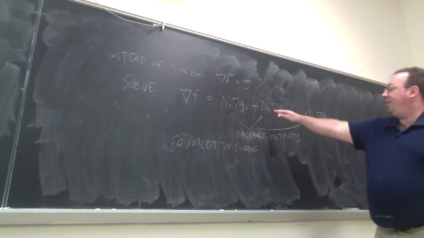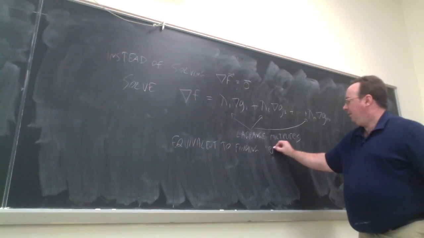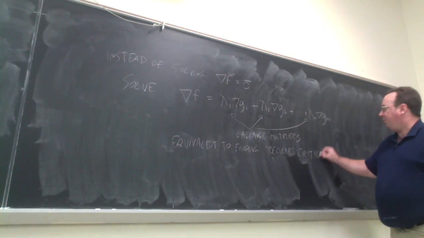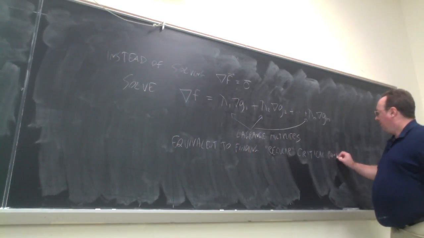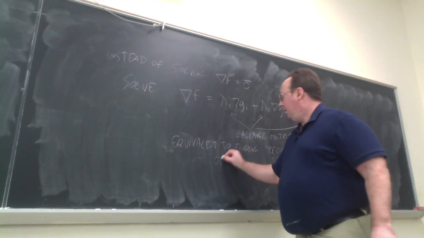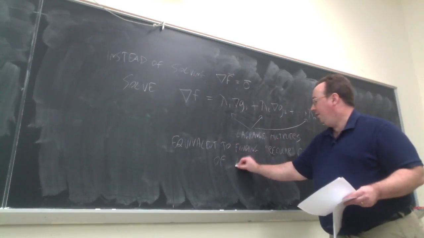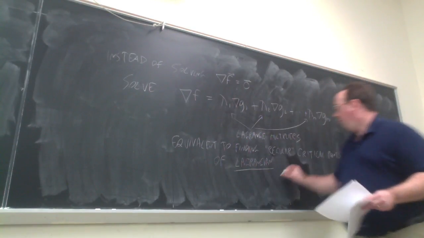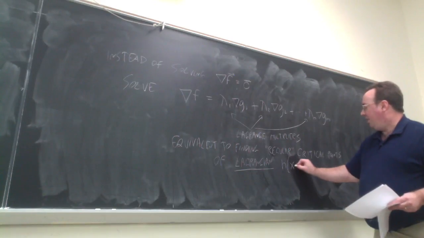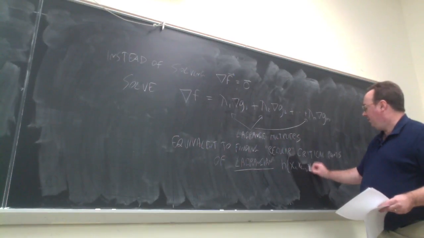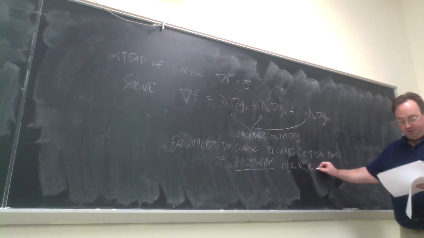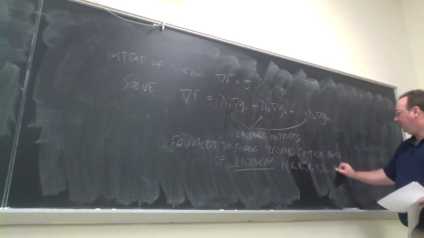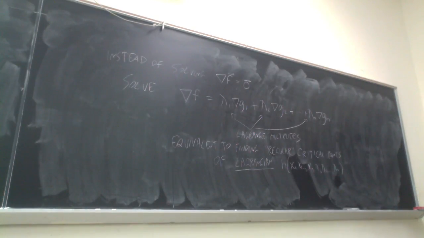Solving this is equivalent to finding regular critical points, in other words, the same kind of critical points as last time, of this function that I'll call the Lagrangian, which I'll call h, which is a function of all the variables that we have, your x's and also your Lagrange multipliers. So we have n plus m variables in total.